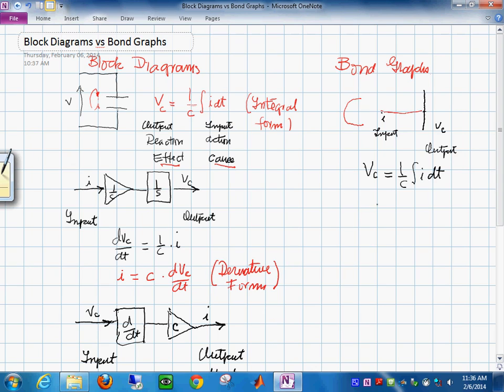We are also saying that dq dt is equal to I. This symbol here represents this, so it's safe to say that this is equivalent.